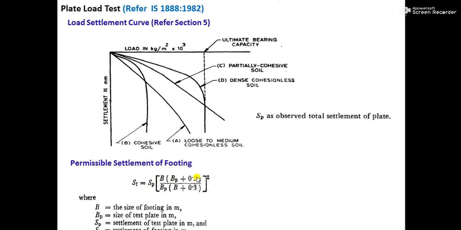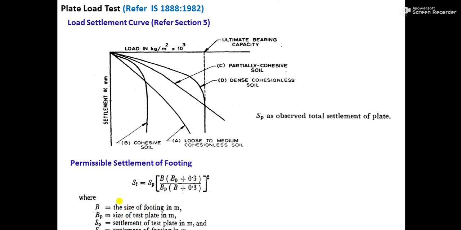If you use this 0.3. In many books you will observe this formula is given as BP plus 30, then B plus 30. If you use BP plus 30 and B plus 30 in the formula, in that case your BP and B value should be in centimeter. Okay, so you need not get confused.